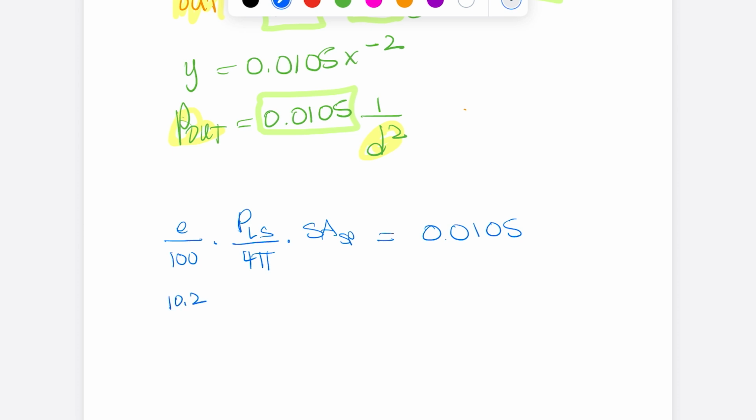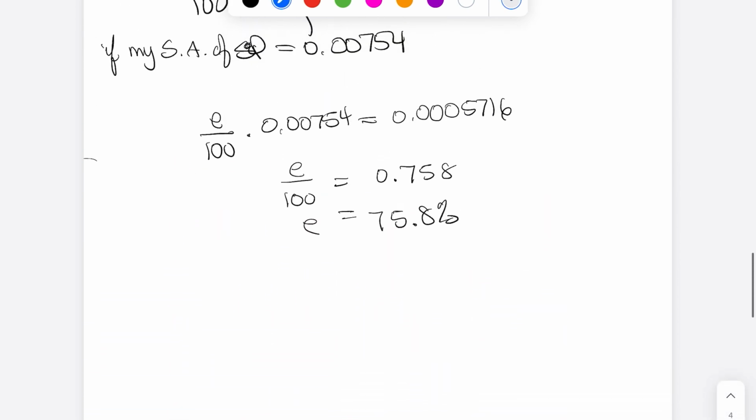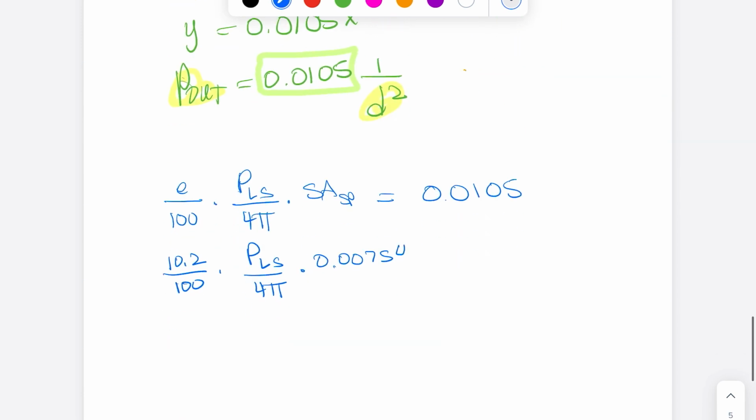So if I know that this is 10.2, just to do it a little differently, and this was 0.00754, equals 0.0105. Okay, so 10.2 divided by 100 divided by 4 pi times 0.00754.